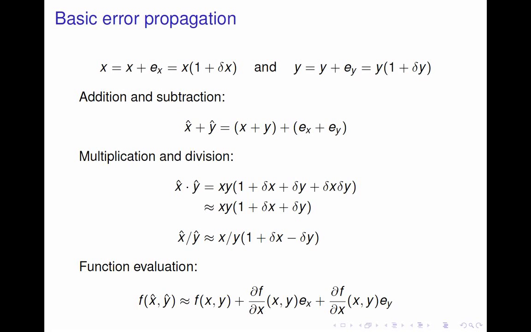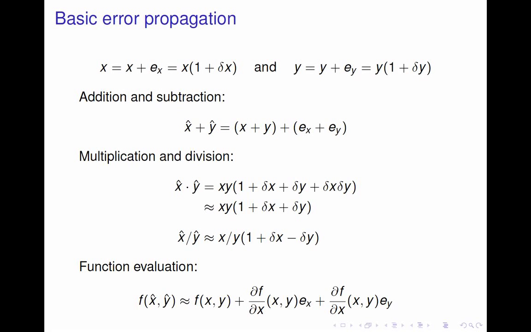Expand that product out, I get 1 plus delta x plus delta y plus something which, if delta x and delta y are small, then delta x times delta y is really tiny, so I neglect it typically. So the relative error in the product is the sum of the relative errors in the inputs to first order, which is good enough for most practical purposes.